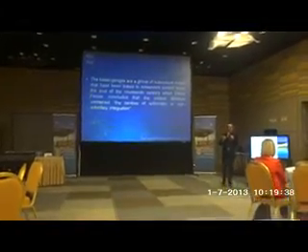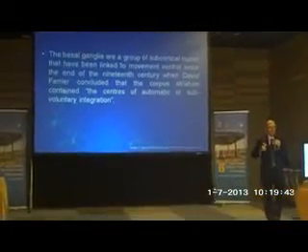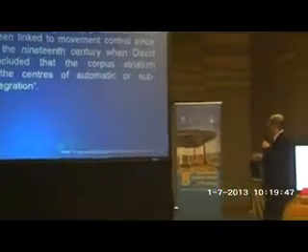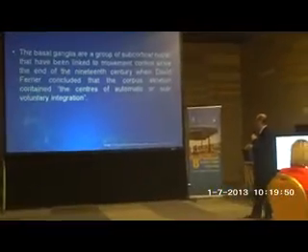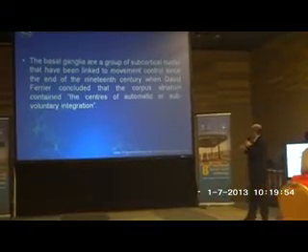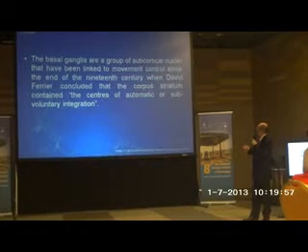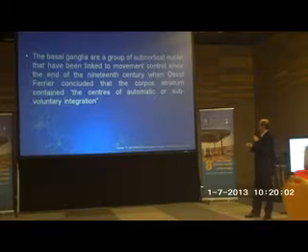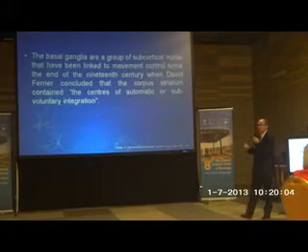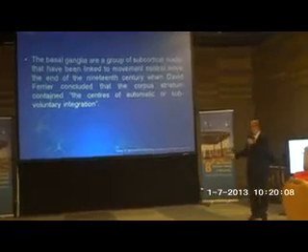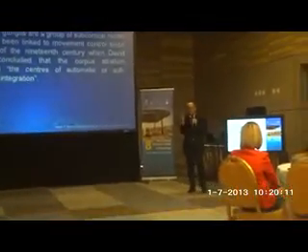We have the impression that we discovered many things recently, but even in the 19th century, in this very nice book, The Function of the Brain, David Ferrier described the function of the corpus striatum, saying that the centers of automatic and sub-voluntary integrations are located there. This is an unbelievable statement in 1876.